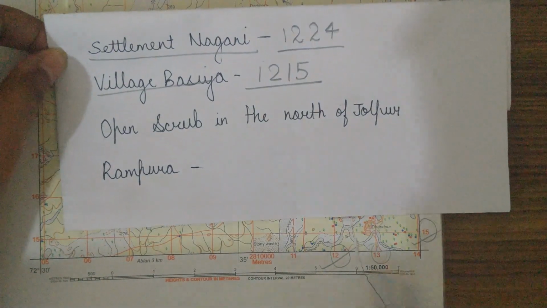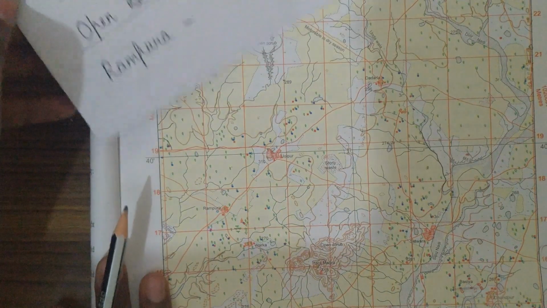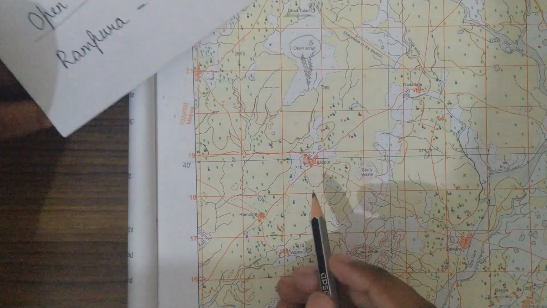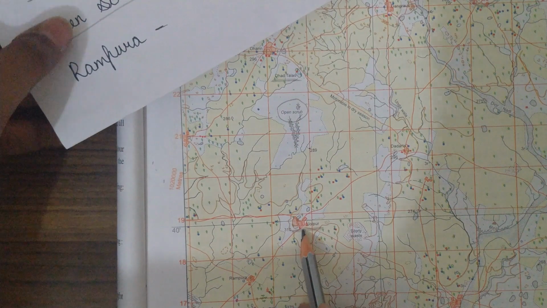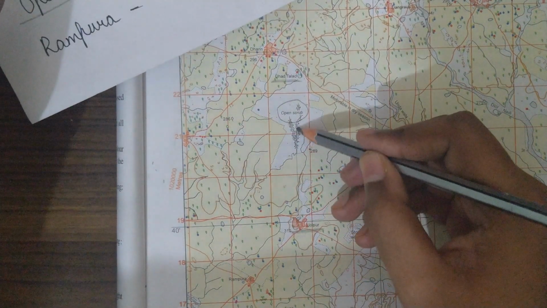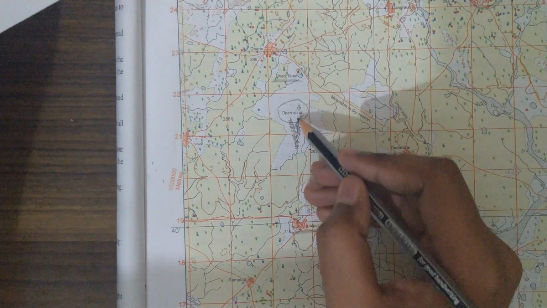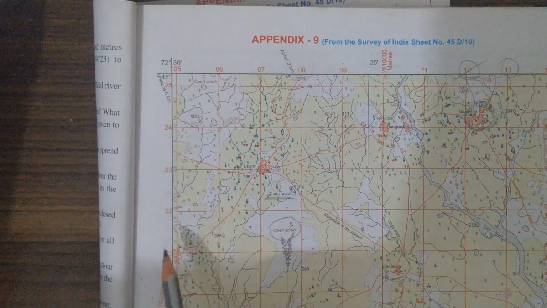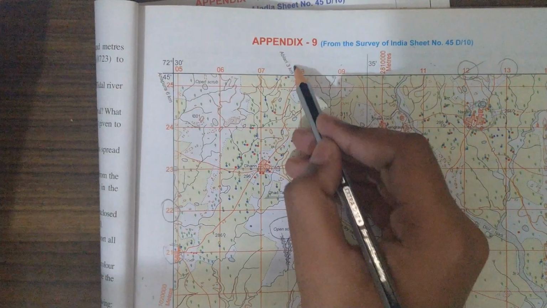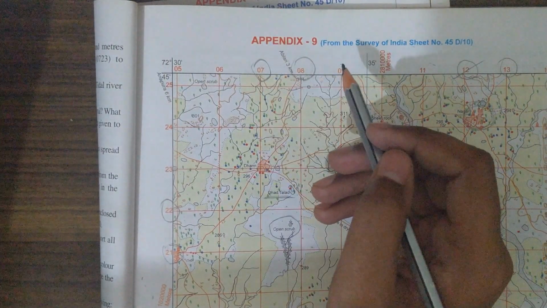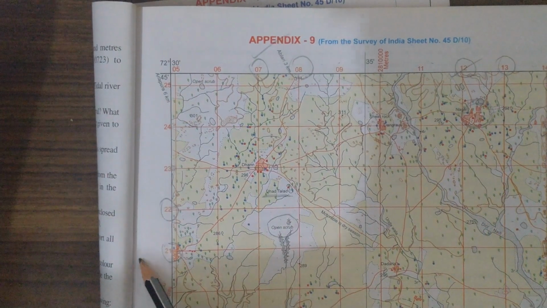Now let's move to the third one, open scrub in the north of Jolpur. Here is Jolpur. When we go towards the north of Jolpur, the open scrub is here. It is between the northings 21 and 22 and the eastings 8 and 7. You can see the smaller easting is 7 and the smaller northing is 21.